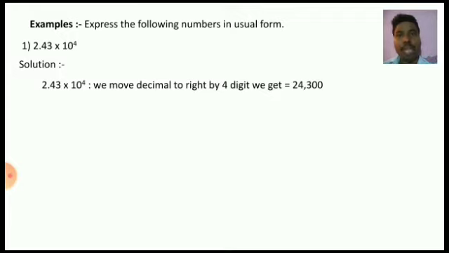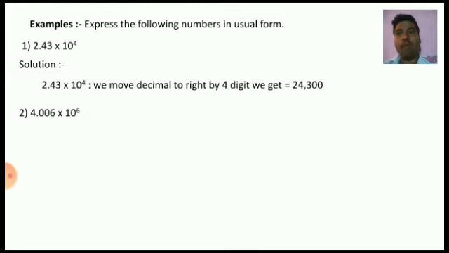This way we express the given number into the usual form. Here 10 raised to 4 is multiplied to 2.43, so we move the decimal point right by 4 digits, and then we get 24,300.